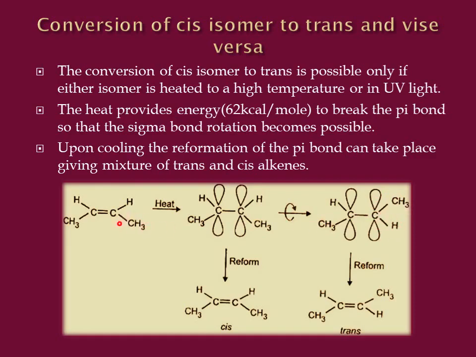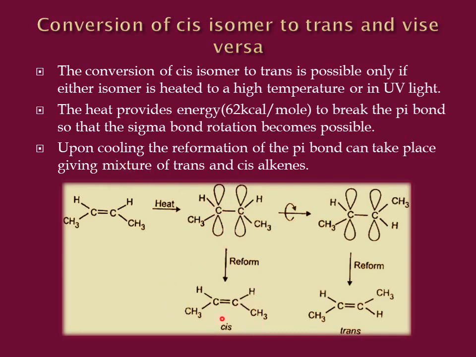But if the pi bond is broken down and rotation does not take place, it might cool down and give you the same isomer, which is the cis isomer. So therefore we can say a mixture of cis and trans alkenes is going to form.